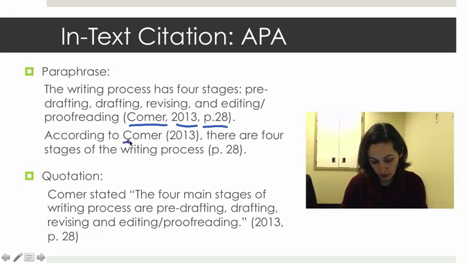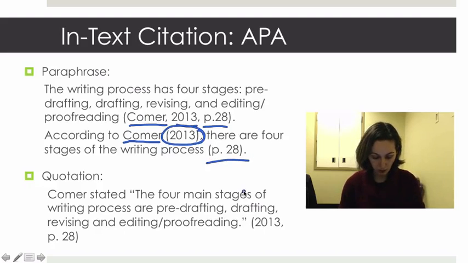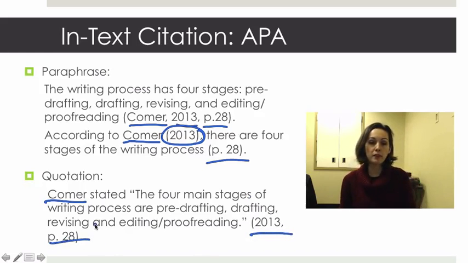You can give the name of the author in the sentence, followed by the date in parentheses, and then you would have the page number at the end of your sentence. Similarly, if you have a quotation, you can start with the author's name, "stated," and then give the quotation, and end with the parenthetical citation with the date and the page number.